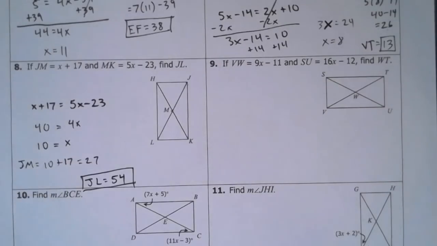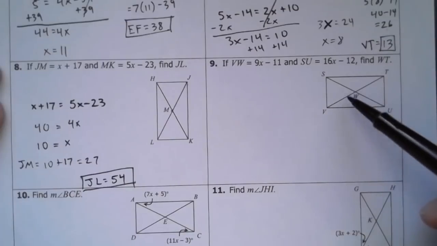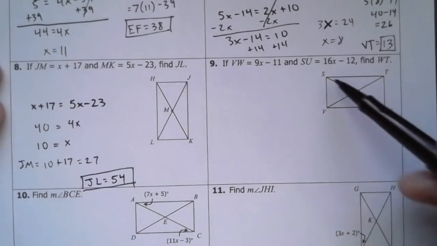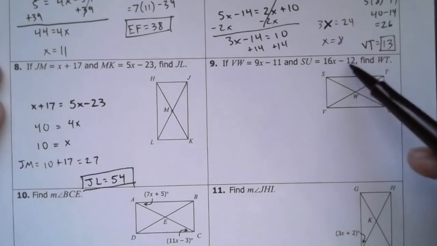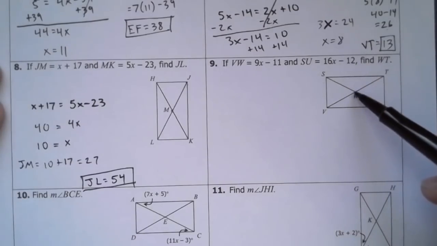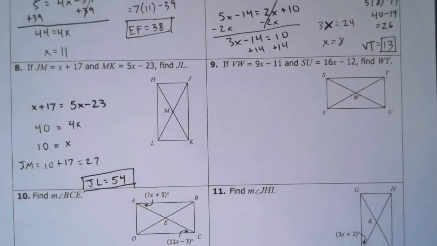Number 9 says VW here is 9x minus 11. SU, the entire diagonal, is 16x minus 12. Find WT. WT is the other half diagonal there.